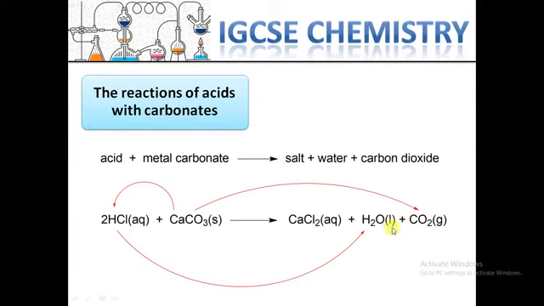So in the products we will have water and CO2, which leaves our chemical compounds in the form of gas. The rest we will have is CaCl2. This one is also a salt, because here calcium is a kind of metal which replaces the hydrogen in the acid.